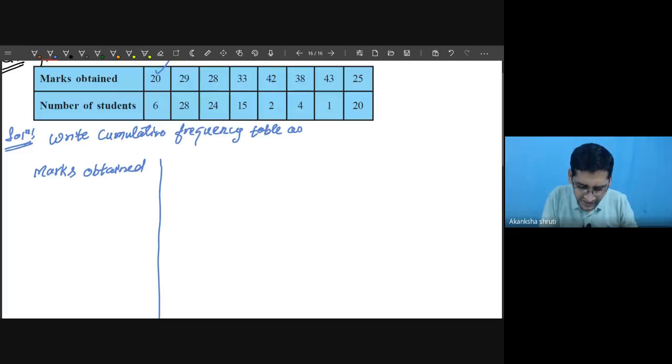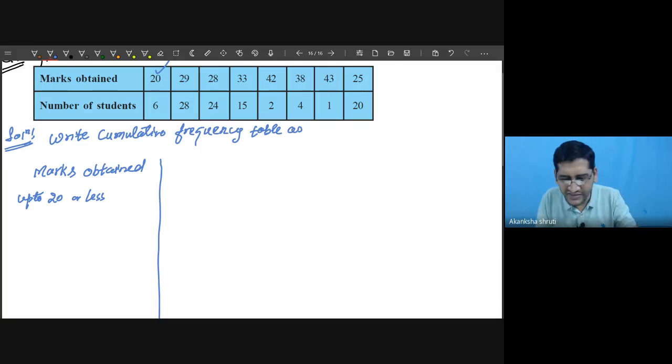But in this, we will take up to 20, or we may write like this as less or equal to 20. These two mean the same thing. Whether you write up to 20 or less or equal.